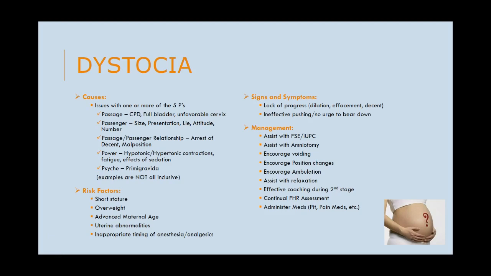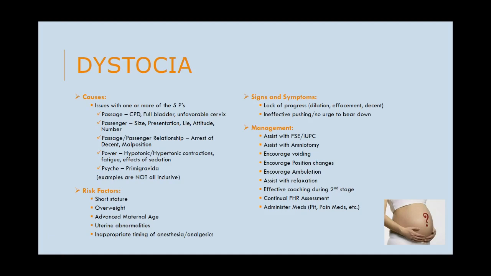Checking for that dilation, checking for that effacement, and checking for the station of that baby. And then ineffective pushing, or moms that have no urge to bear down. They don't feel that pressure in their bottom to be able to know whether they're moving the baby down effectively or not.